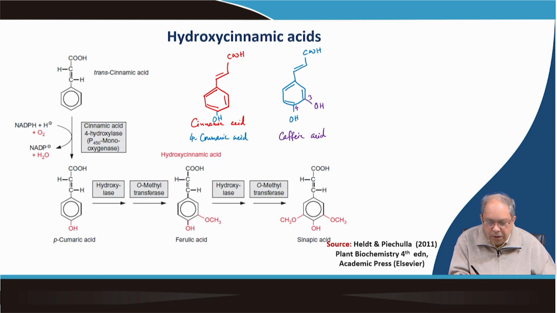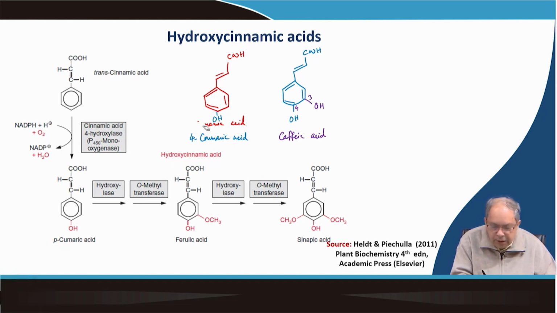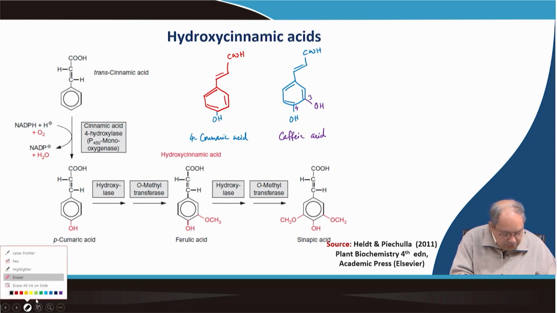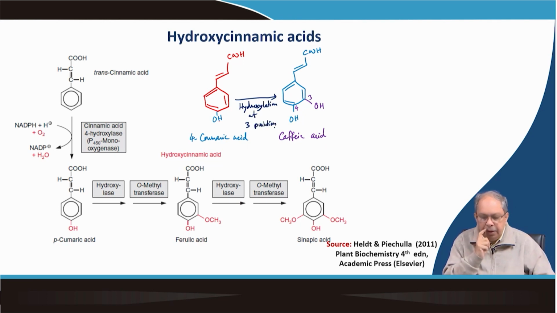If you compare the structures of coumaric acid and caffeic acid, it is quite clear that a simple hydroxylation at the 3 position of the benzene ring will convert 4-coumaric acid to caffeic acid.